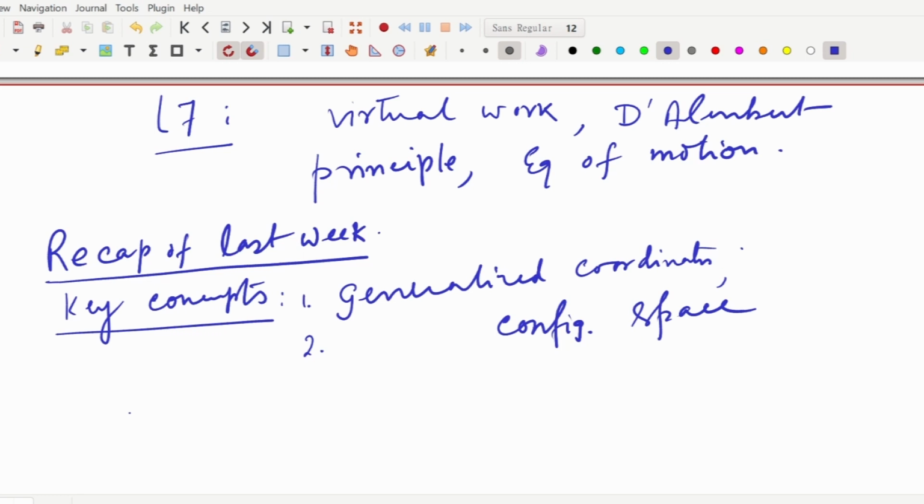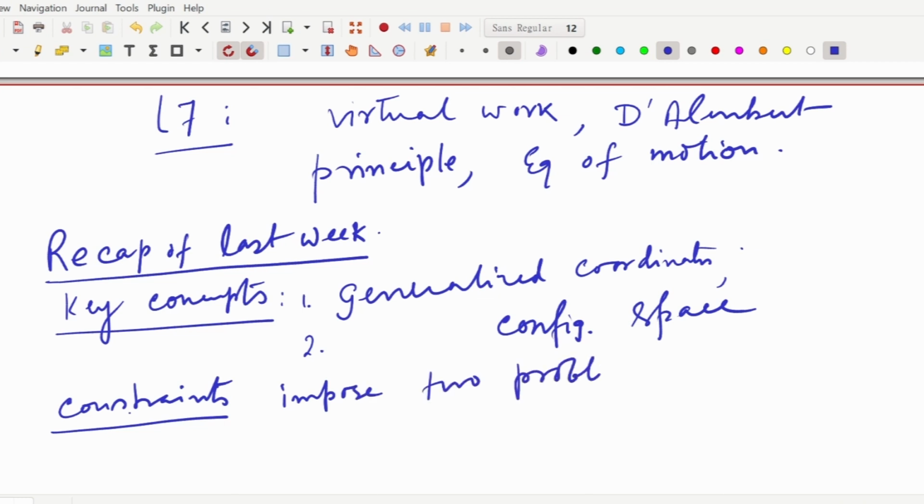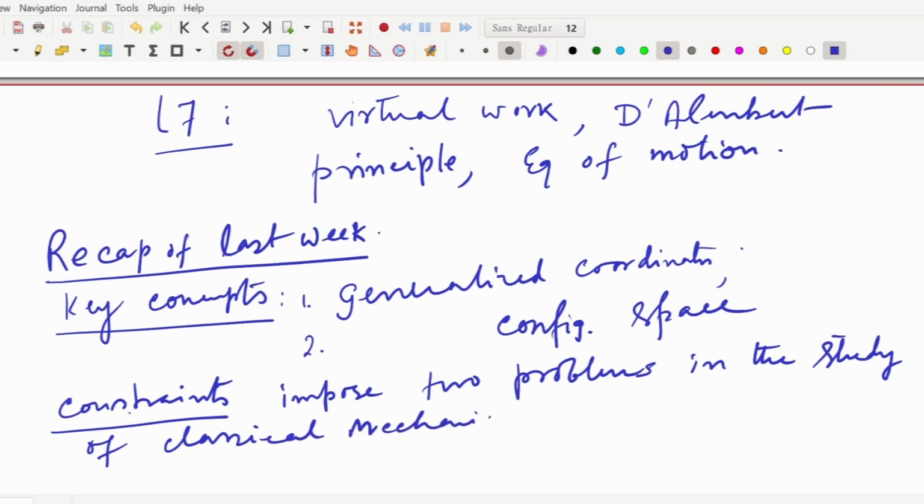Second, we have learned in detail the constraints. I mentioned that constraints impose two problems in the study of classical mechanics.